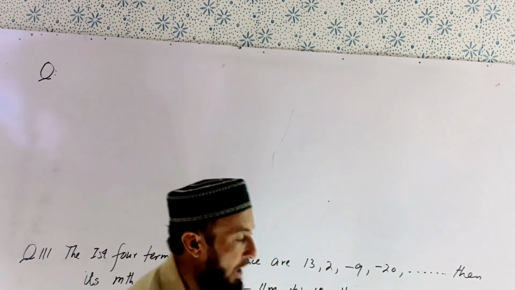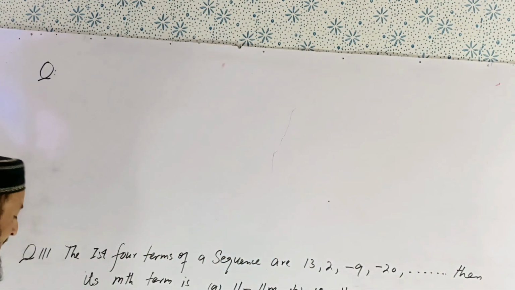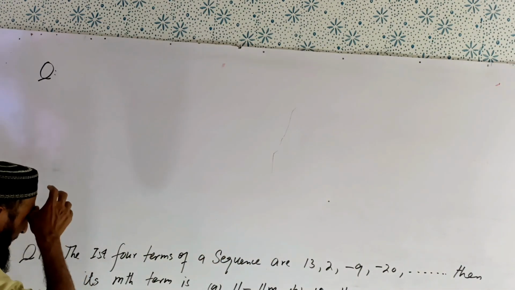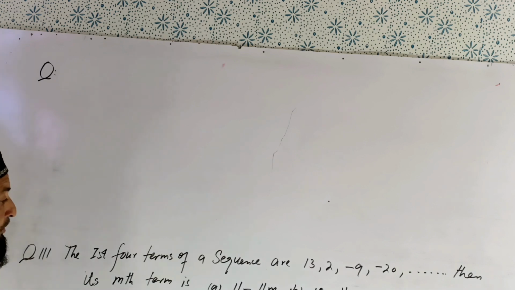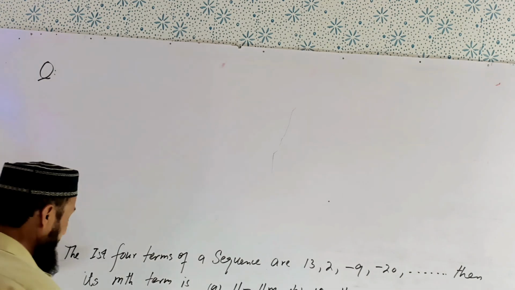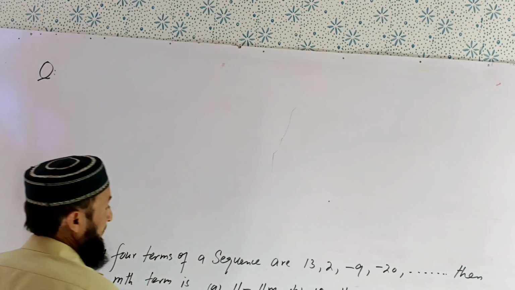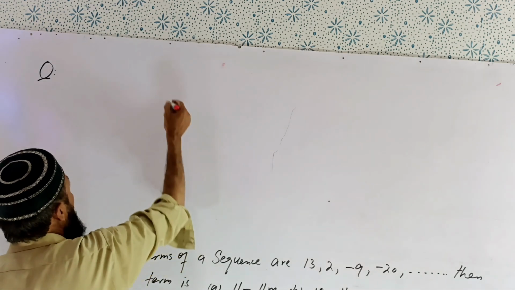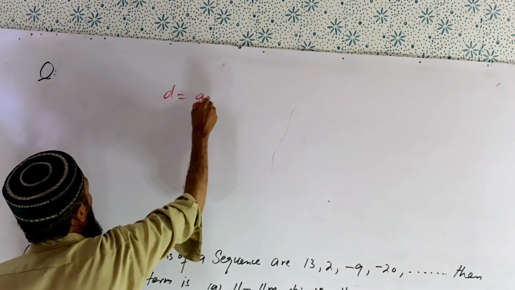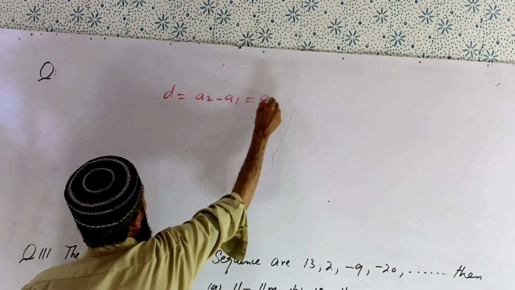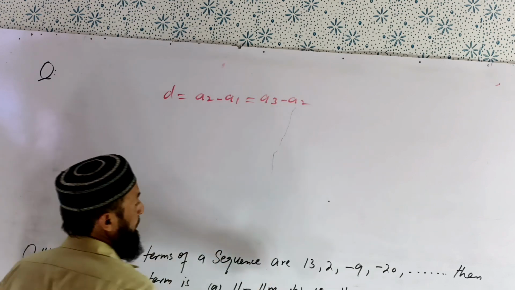The mth term is required. Just like the nth term, we replace n with m. First of all, we find the common difference between these terms: second value minus first value, third value minus second value, and so on.